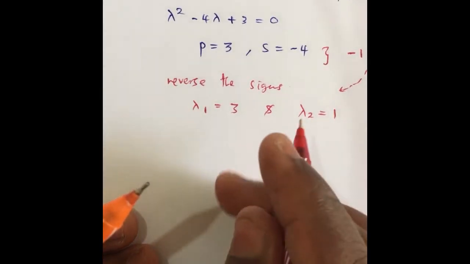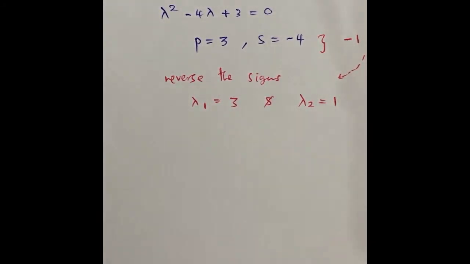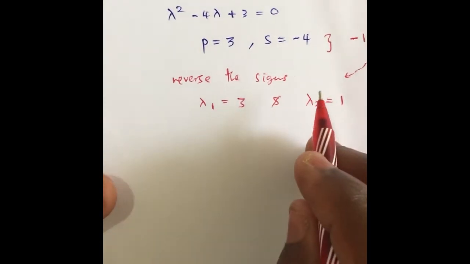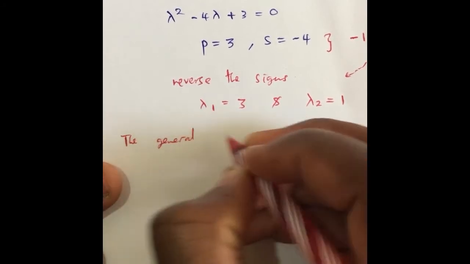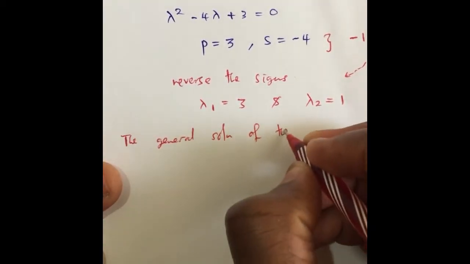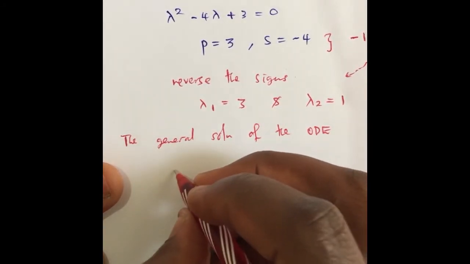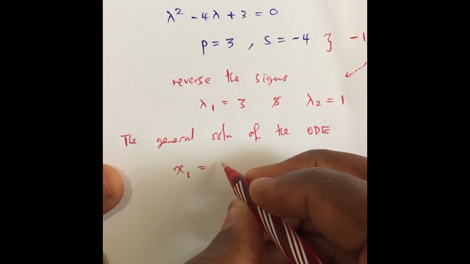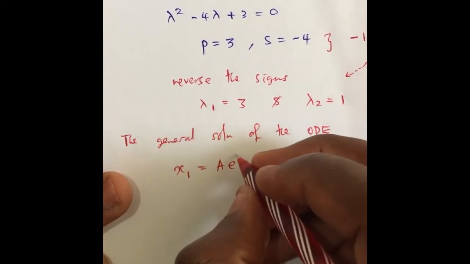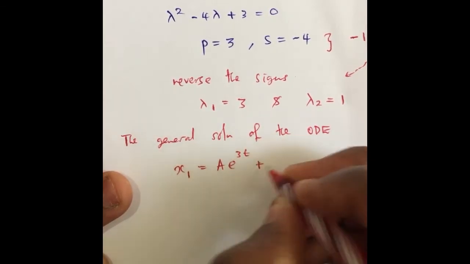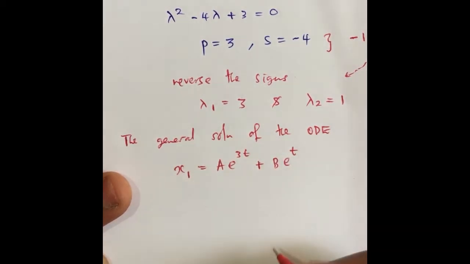So once you have that, you can now form the general solution of the ODE. It is written as x1 equals a e to the power 3t plus b e to the power t, right?